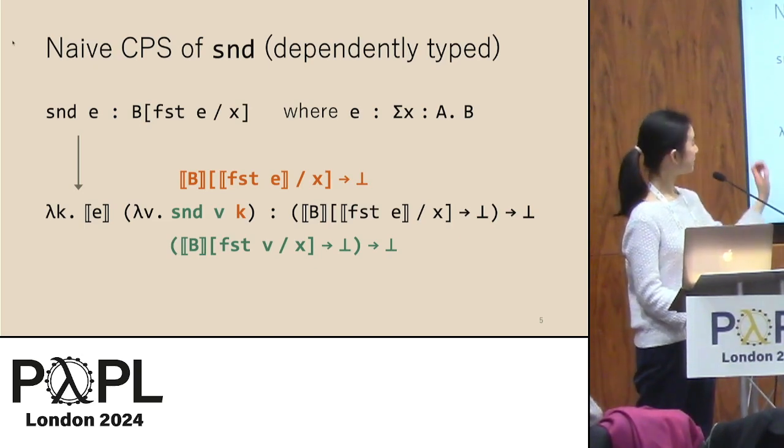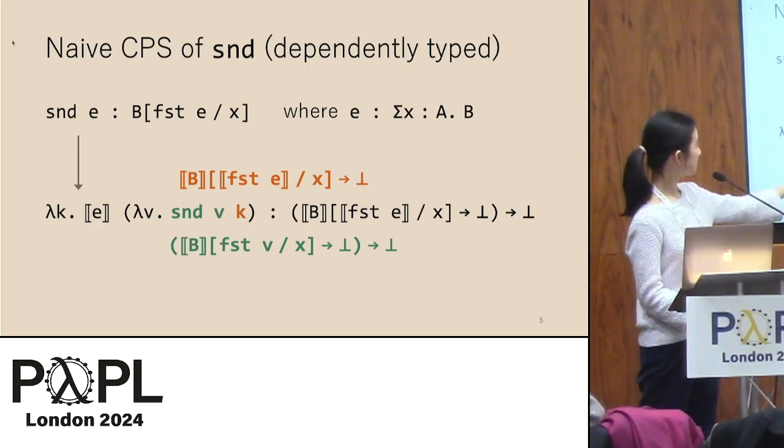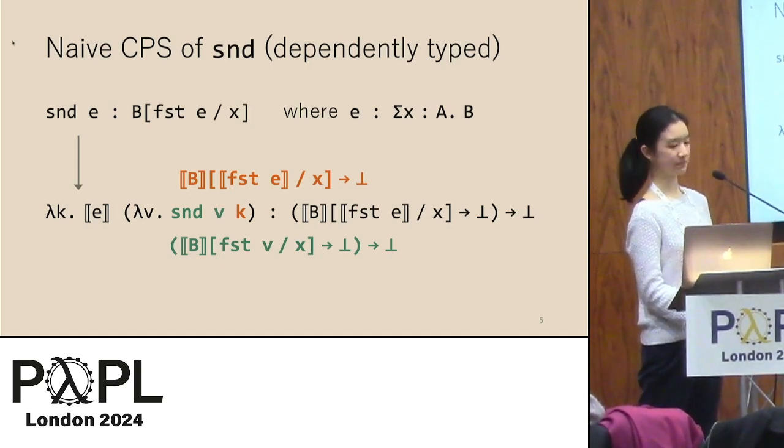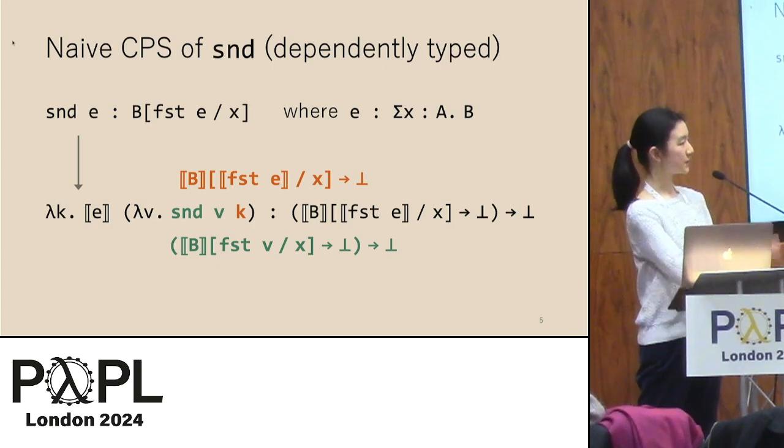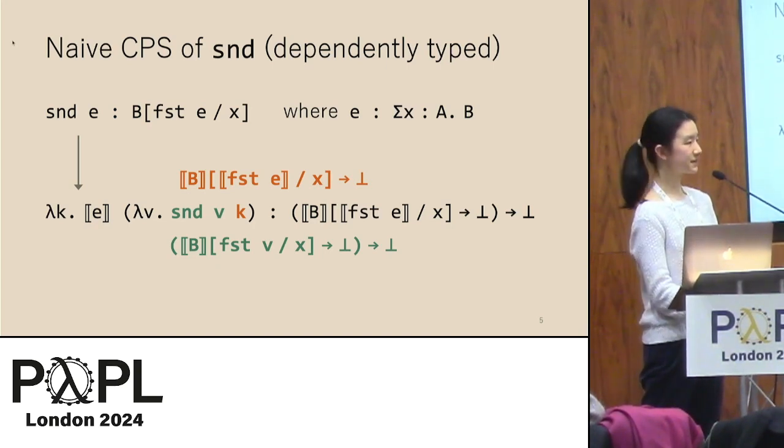We see that the type of second of V depends on the first of V, whereas the type of the continuation K depends on the translation of first of E. These terms are syntactically different, but it turns out that there is a way to prove that they are in fact equivalent.